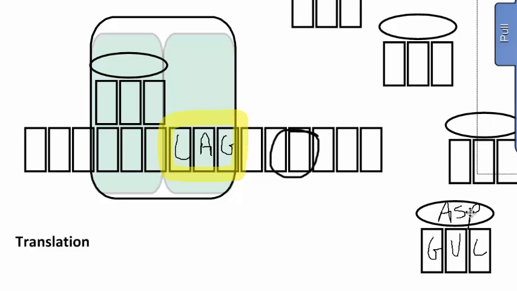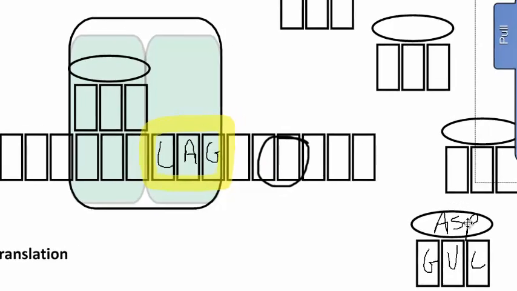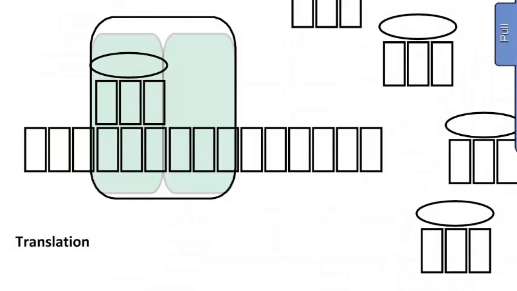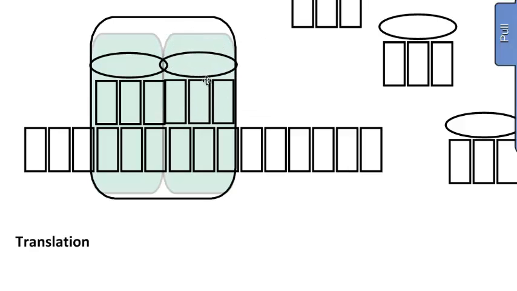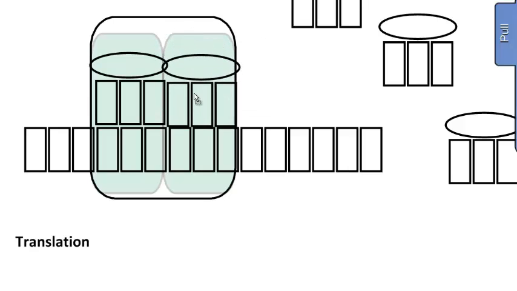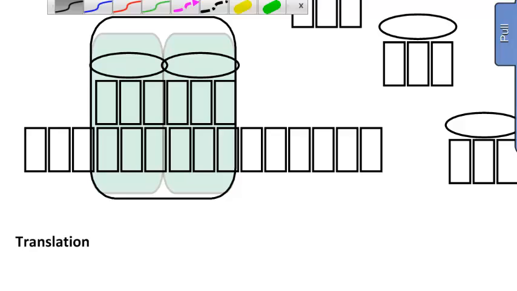So the GUC anticodon on the tRNA will bring it over to the right spot. Let's move our next anticodon with the amino acid over. Now that we have two amino acids, we're going to need to bond them together. We're going to do that with a covalent bond, and then the ribosome shifts over again.